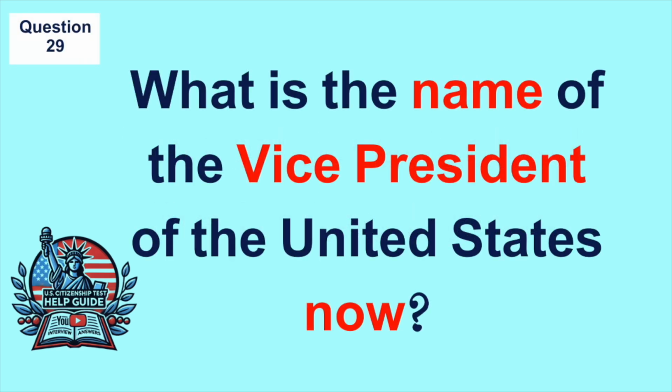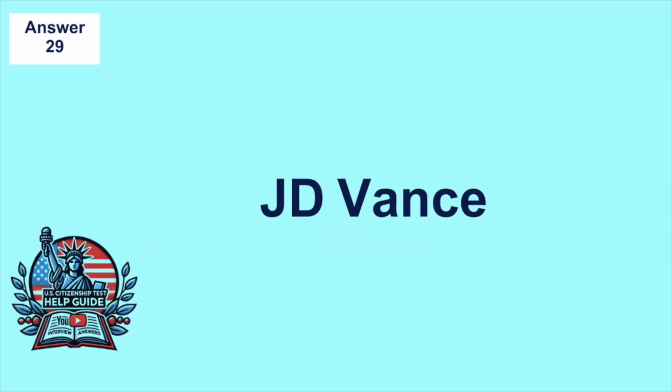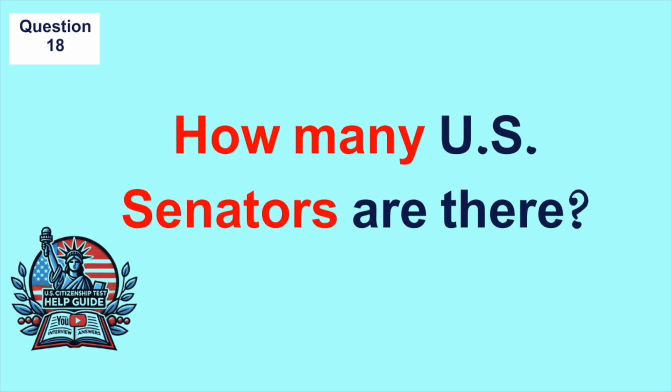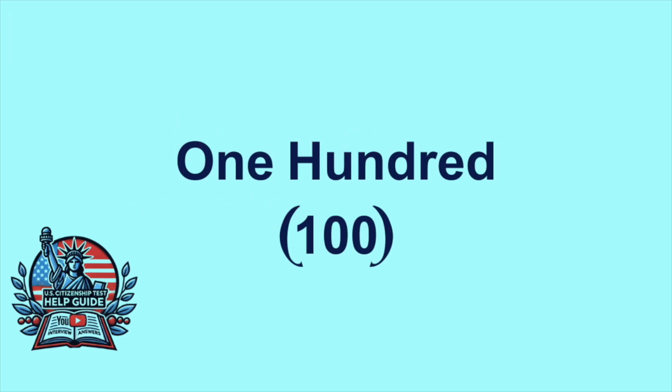What is the name of the Vice President of the United States now? J.D. Vance. How many U.S. senators are there? 100.